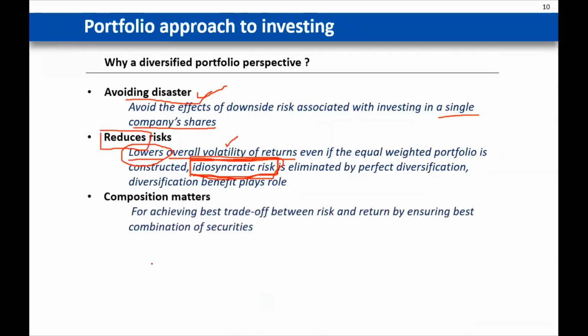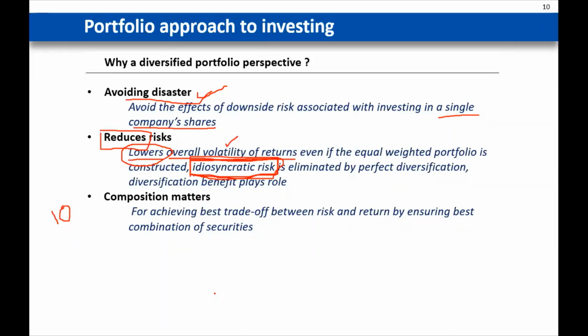The next thing: composition matters. I have already made the point clear that it's not the case that the market has 10 instruments and you have invested in all 10 and are claiming that you have diversified your portfolio.